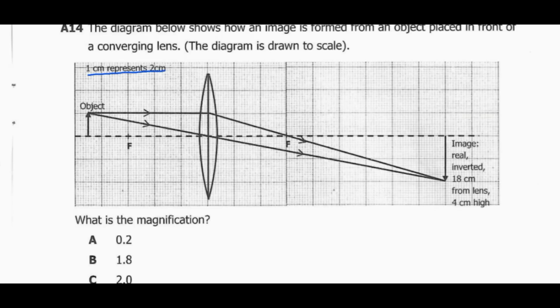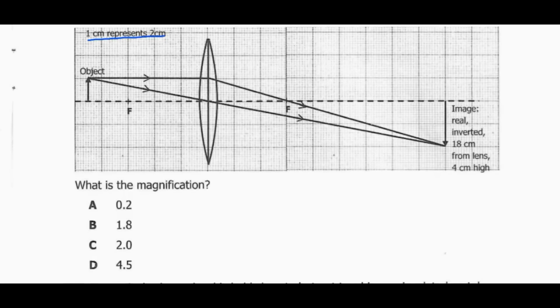So this is a scale. Then what is the magnification? We know that the magnification can be given by the ratio between the height of an image and the height of an object, or the distance of an image divided by the distance of an object.